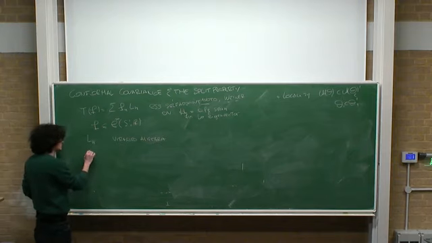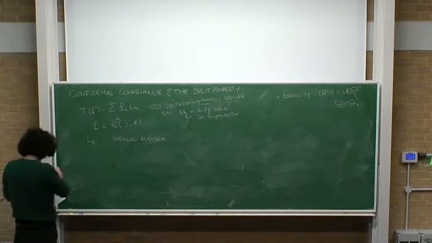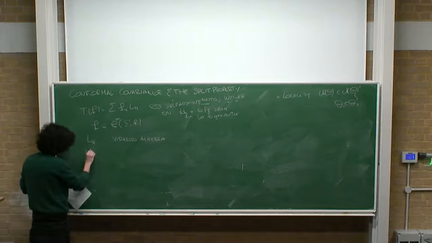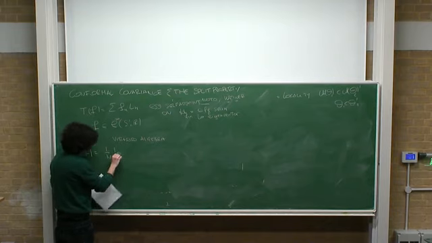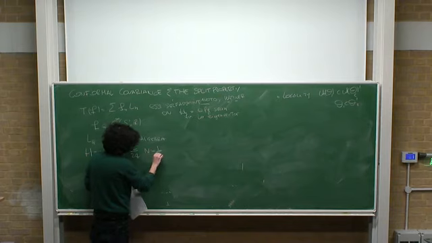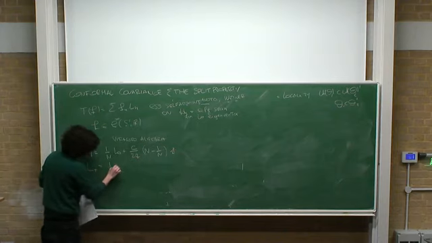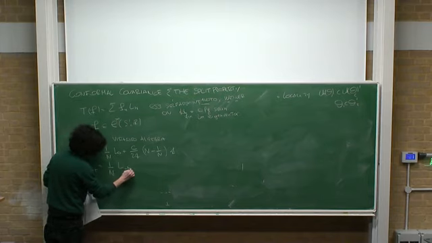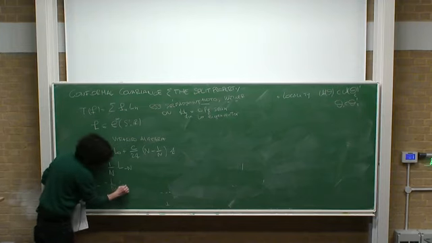One can start with such operators: H, which is L_0 plus c/24 times the identity, and L_plus and L_minus, which are L_n and L_{-n}.